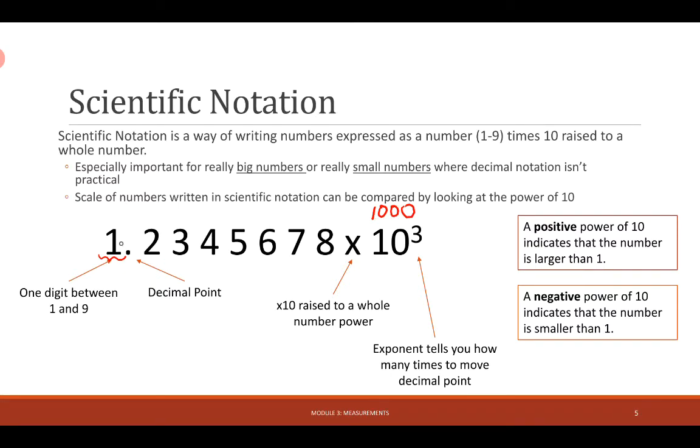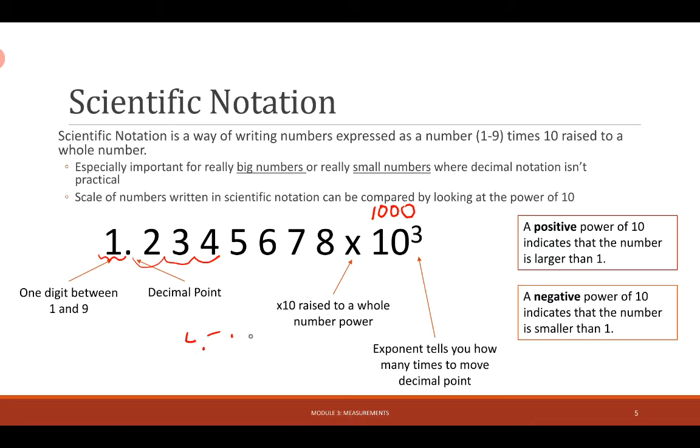And so we would need to multiply 1.2345 times 1,000 in order to reach our true number. And so this represents 1,234.5678. This is the same number that was on the decimal notation slide, only now it's written in scientific notation.